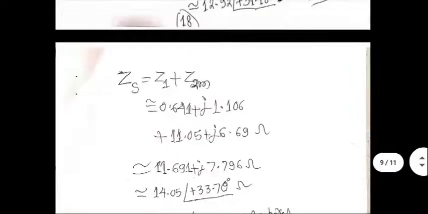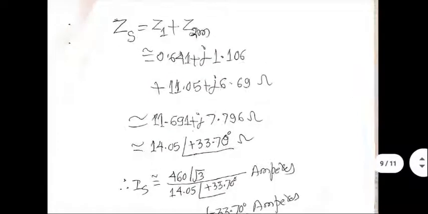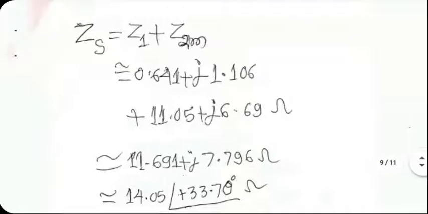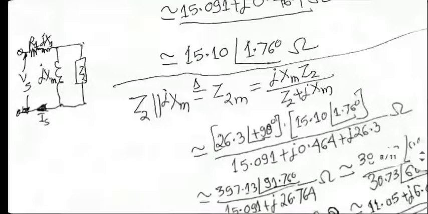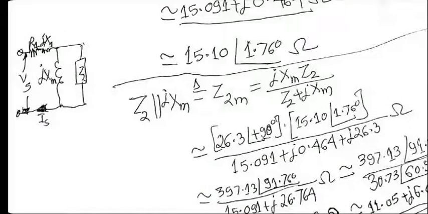Anyway, do the calculations. You get the total stator impedance as this value, 14.05 ohm with a phase angle of 33.79 degree. Now it's easy to figure out stator current. Simple Ohm's law. Vs is given, you know Zs, stator's total equivalent impedance, divide the two.